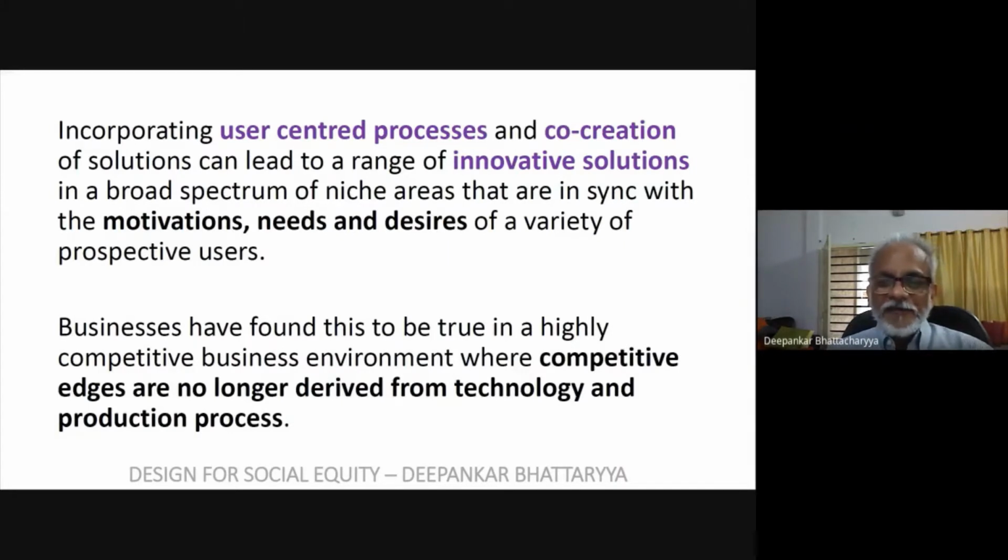When this sort of shift happens, the user is telling you a lot more than what he or she wants in terms of how a product looks or how a product is in terms of ergonomic functions. You have gone into the realm of really the cognitive, and this is where you're really interacting with the user's minds.